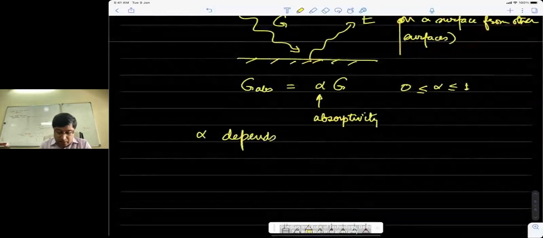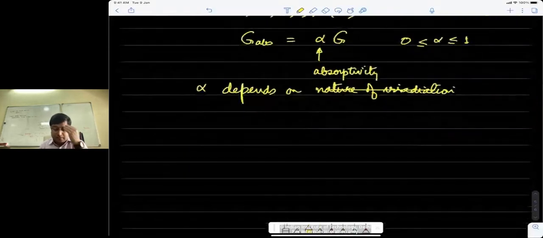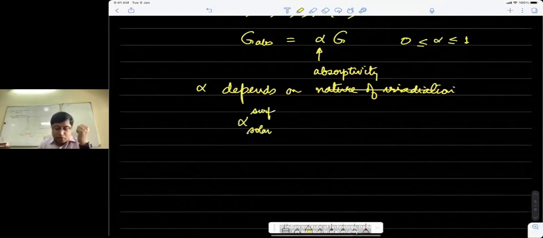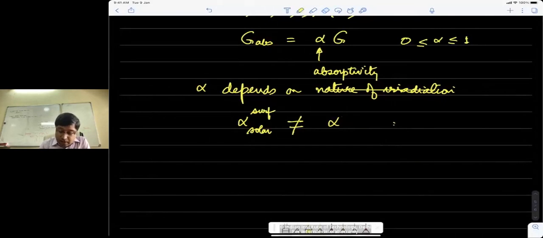What I mean is, if I have a surface, maybe some ball, or some cylinder, or a plate, the absorptivity of that surface to solar radiation, if I keep it out in the open and allow it to absorb solar radiation, need not be the same as alpha of the surface to radiation received from a furnace.